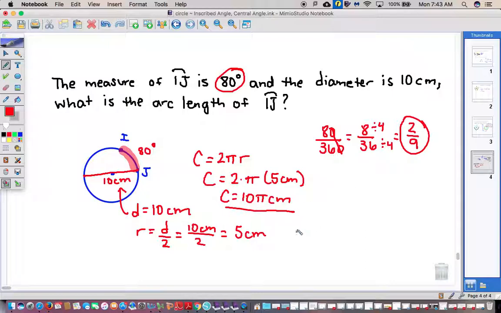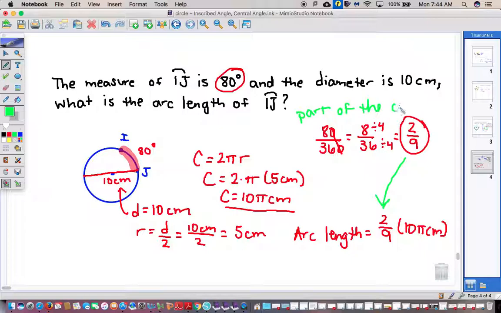So my arc length is 2/9 of 10 pi centimeters. The 2/9 came from the part of the circle, and the 10 pi came from the circumference.